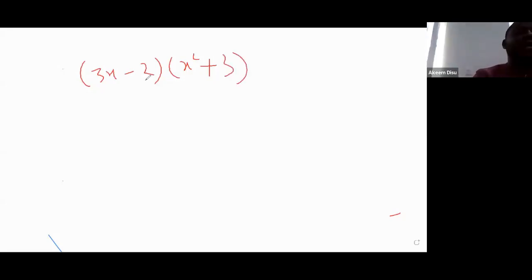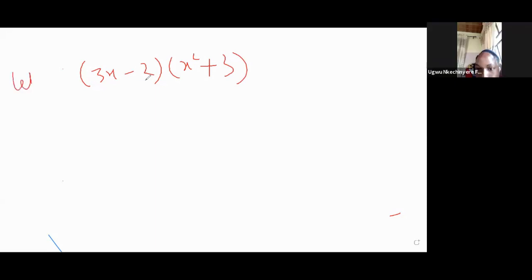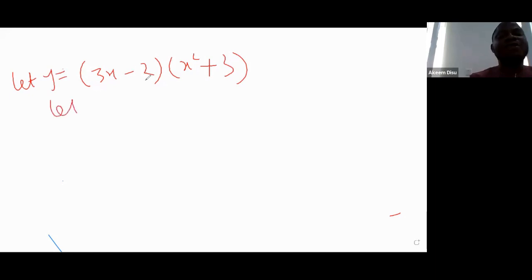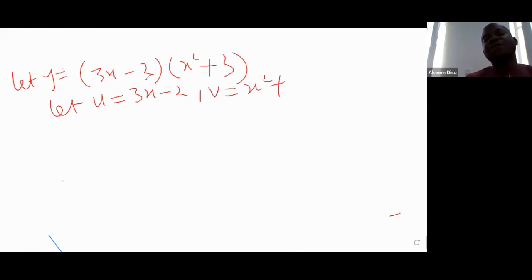When we want to solve this, you let y be equal to this. Then you let u equal 3x minus 2 and v equal x squared plus 3. You now find du/dx. Who can differentiate 3x minus 2? We've done it in this class.